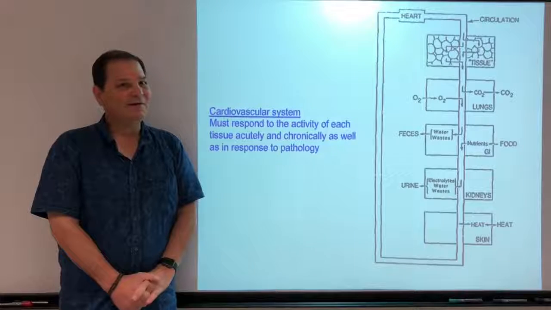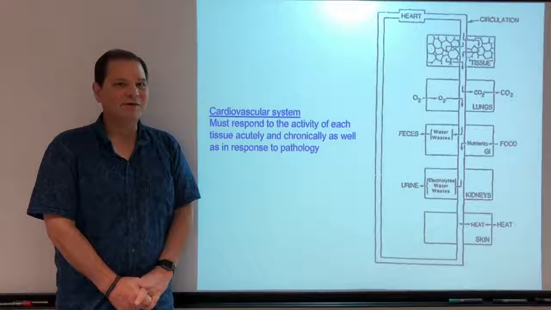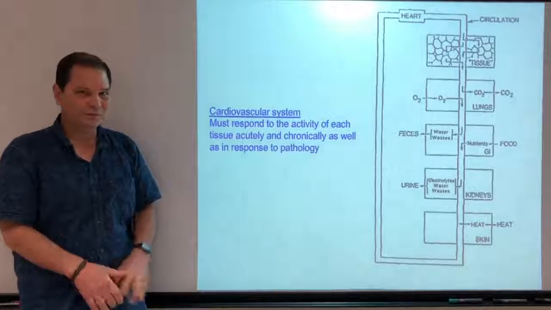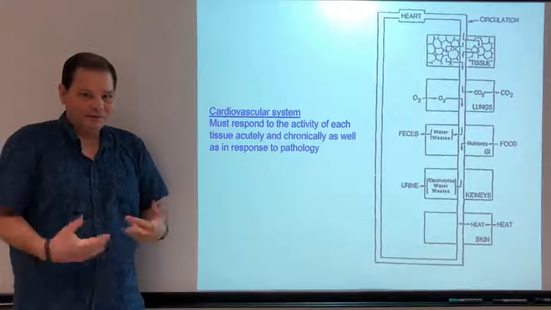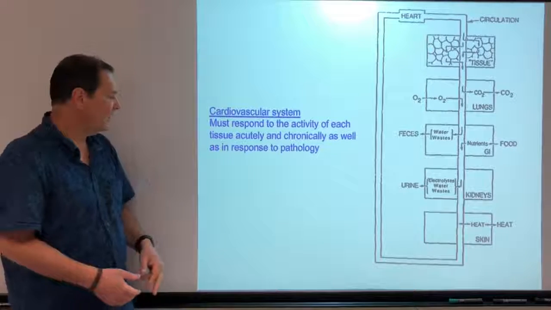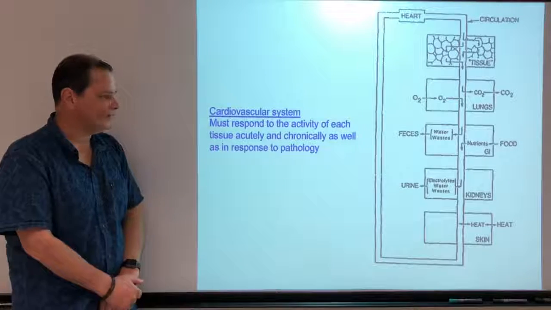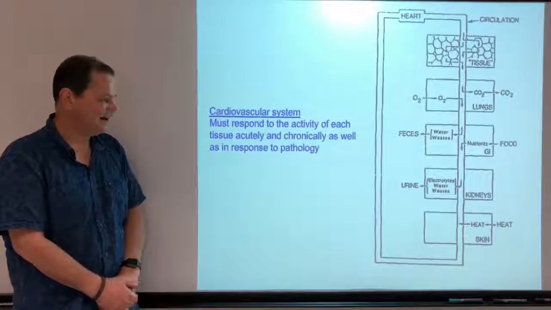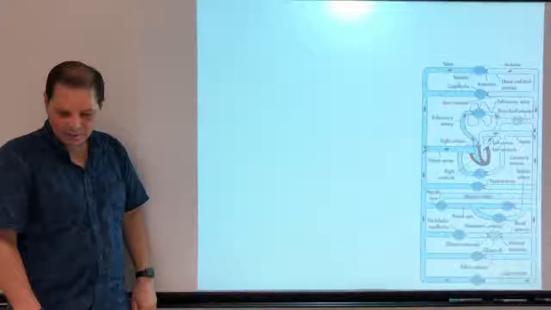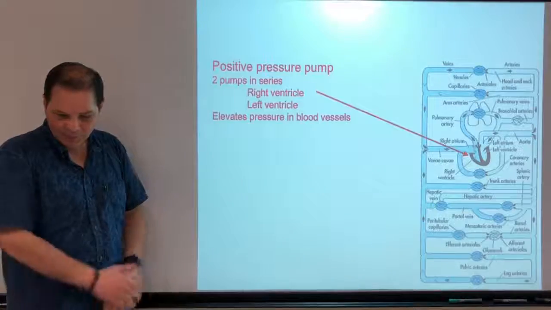If the activity goes up, you need more oxygen. The cardiovascular system has to respond in such a way that that tissue will get more oxygen. Of course, it has to respond to pathology as well, to the extent that it can.